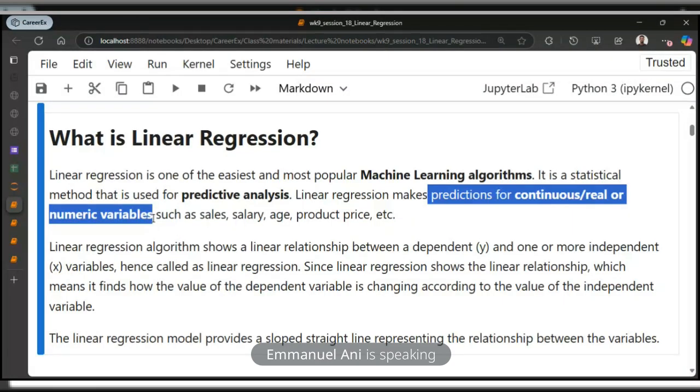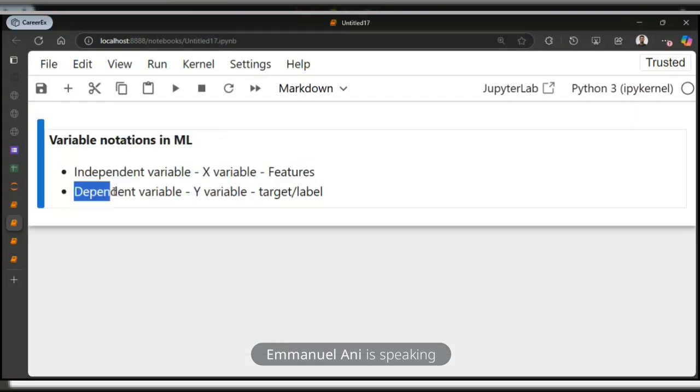This refers to the dependent variable here. The dependent variable would have to be a numerical or continuous variable for us to consider using linear regression.